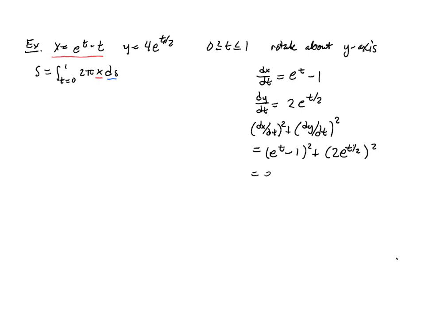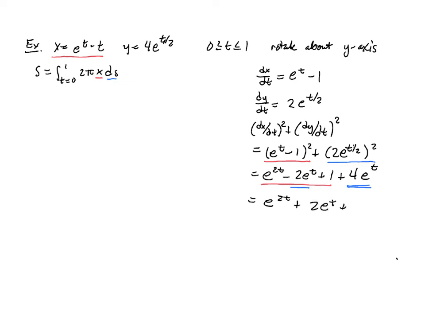And I'll multiply that out to get e to the 2t minus 2e to the t plus 1 plus 4e to the t. So the first 3 bits here are coming from squaring this, and the last bit is coming from squaring this. And what I can do is to combine this bit with this bit in order to get e to the 2t plus 2e to the t plus 1.